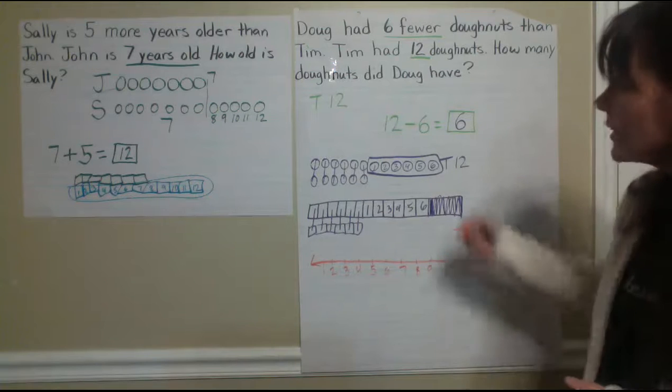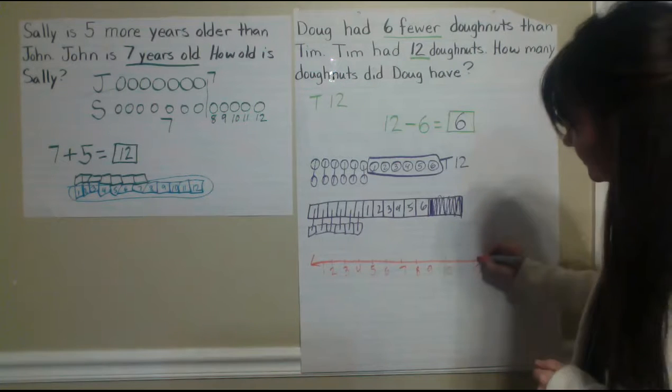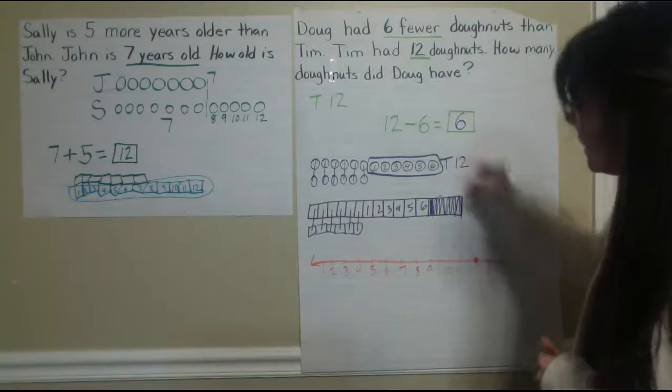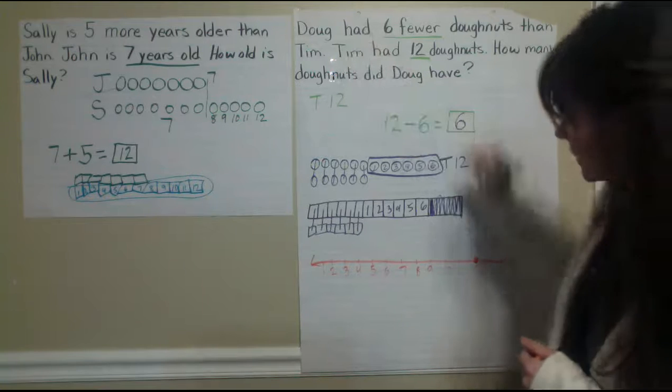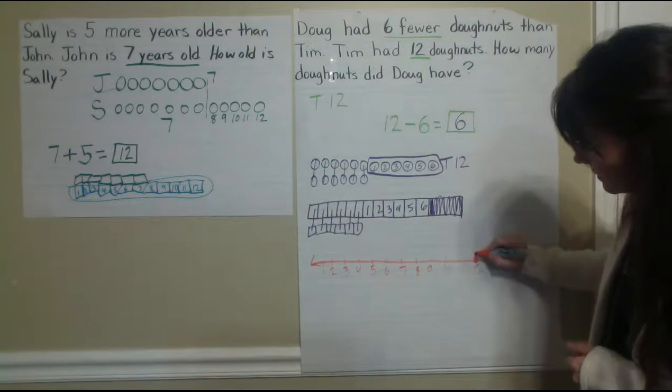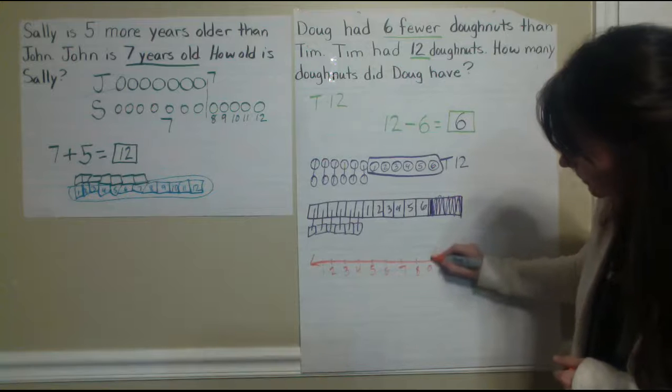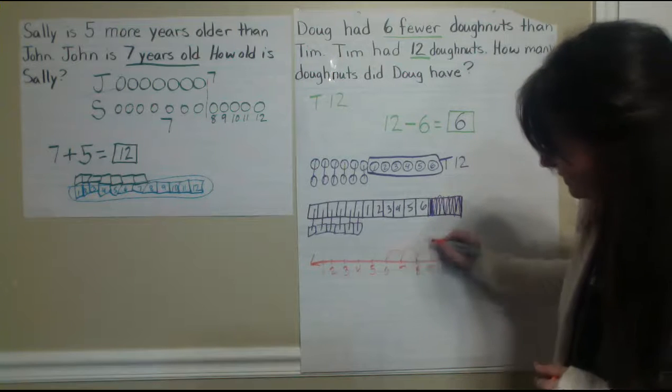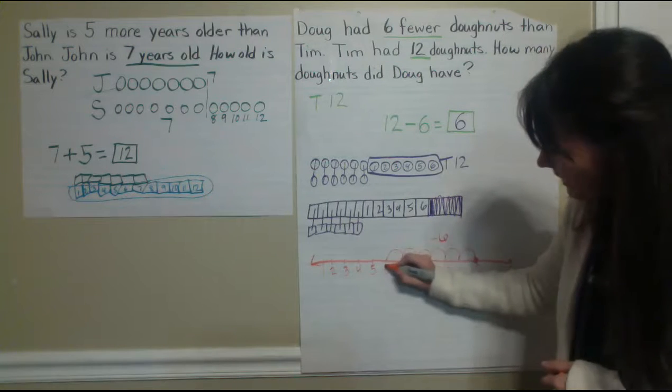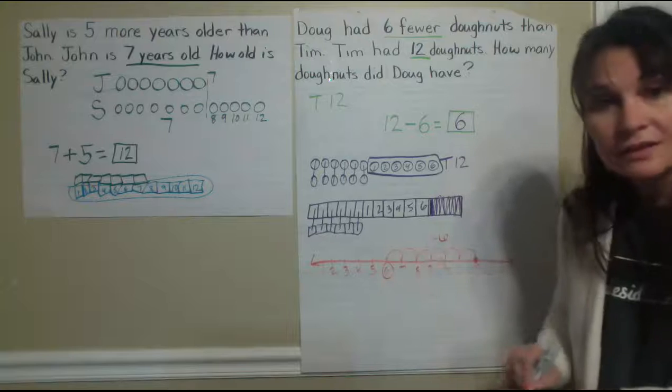I know that Tim had 12. And I know that Doug had 6 fewer, so I can hop back 6. 1, 2, 3, 4, 5, 6. And my answer is 6.